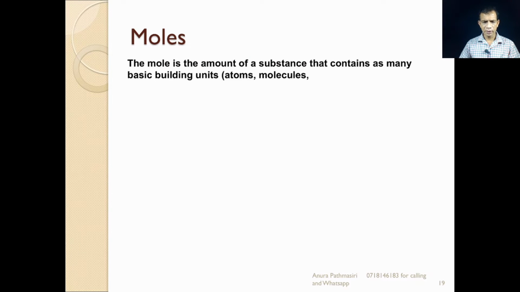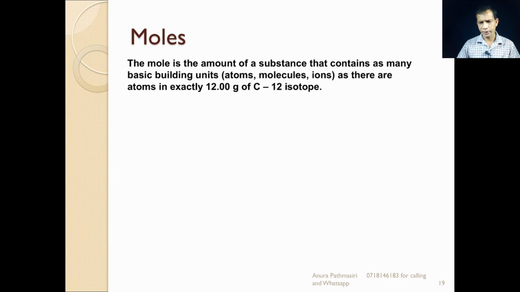The mole is the amount of substance that contains as many basic building units, or atoms, molecules, ions, as there are atoms in exactly 12 gram of the carbon-12 isotope.